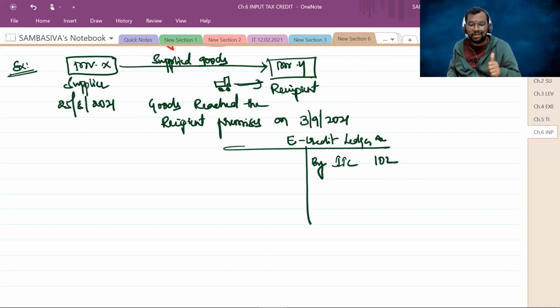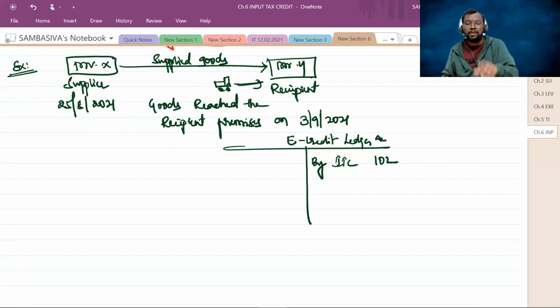Are you following, sir, everyone? So as and when the goods entered into the recipient premises, immediately the recipient can avail input tax credit. Clear, sir? So on 25th, the movement of the goods started. On 25th, he cannot avail input tax credit because he has not received the goods into his premises yet.